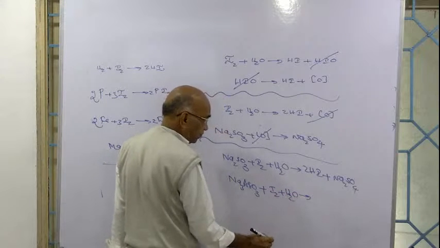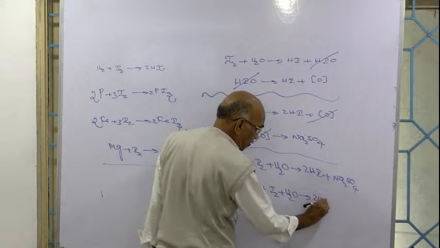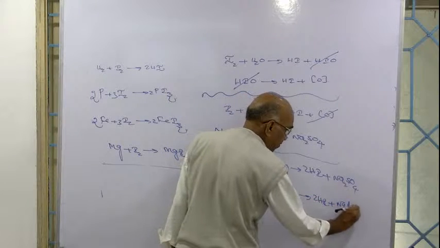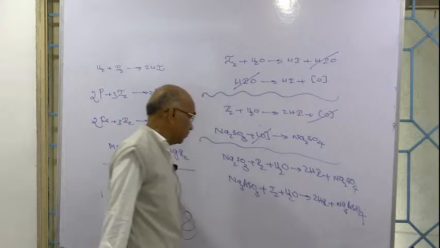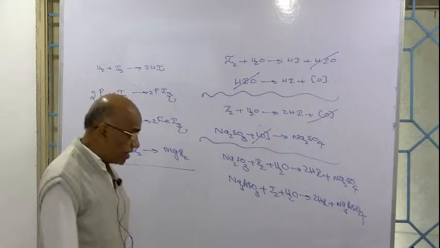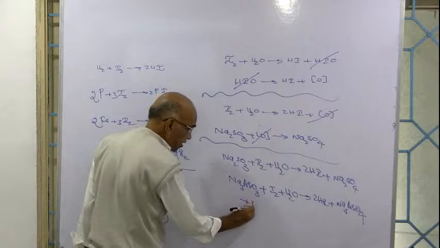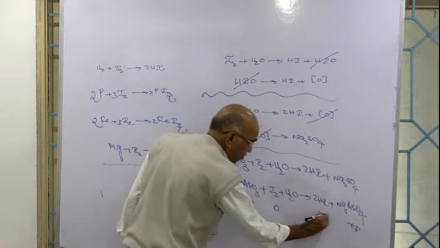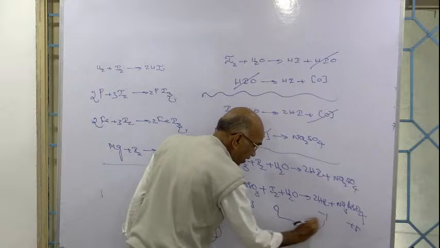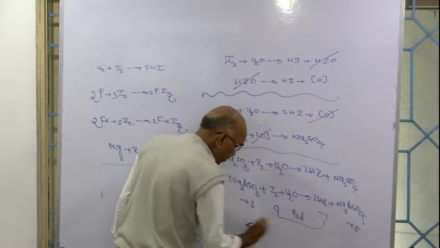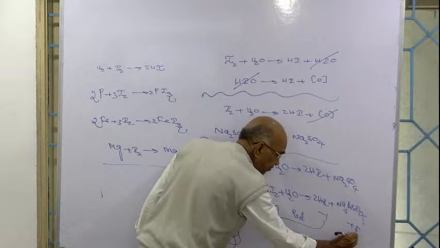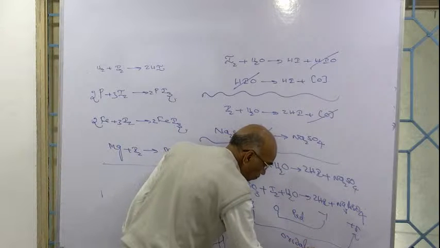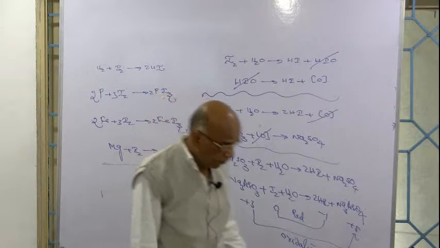Final reaction: you get 2HI plus Na3AsO4, sodium arsenite to arsenate, +3 to +5. Iodine goes 0 to -1; this is reduction, and this is oxidation. Copy down.